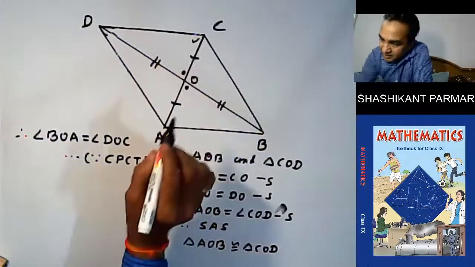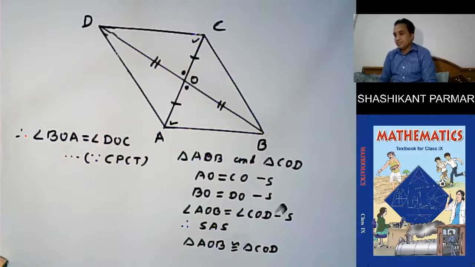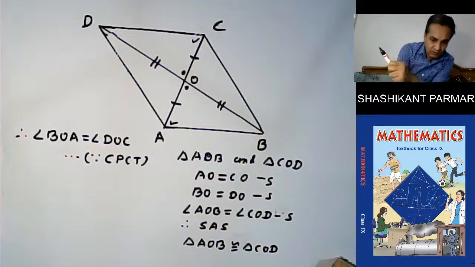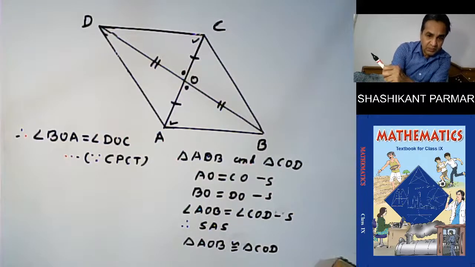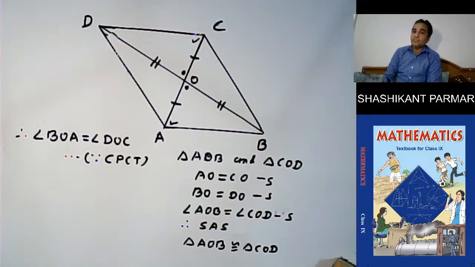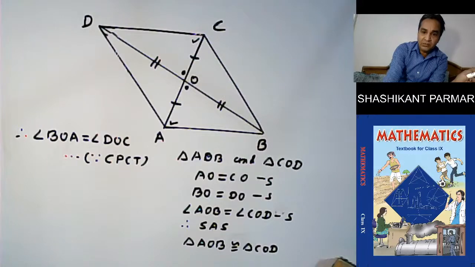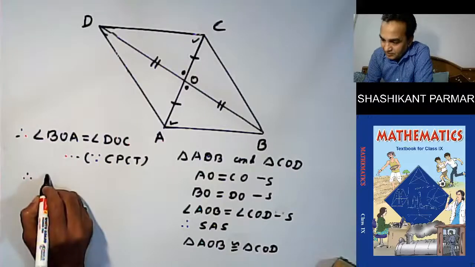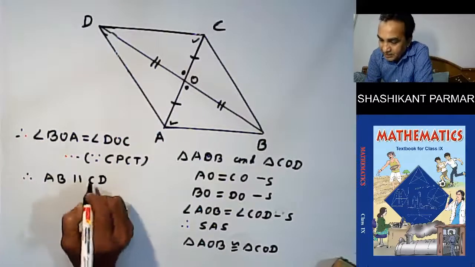That means this angle and this angle are equal. And same result from theorem number 6.3, which I have already discussed with you: if a transversal intersects two lines such that a pair of alternate interior angles is equal, then the two lines are parallel. Therefore AB and CD are parallel.